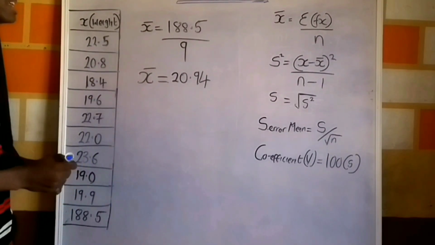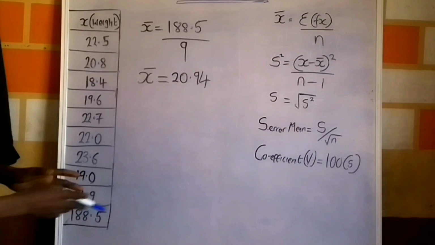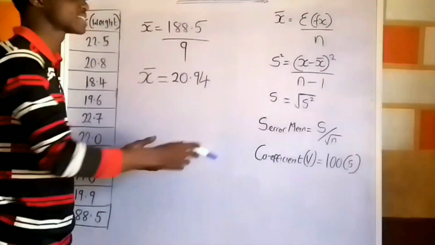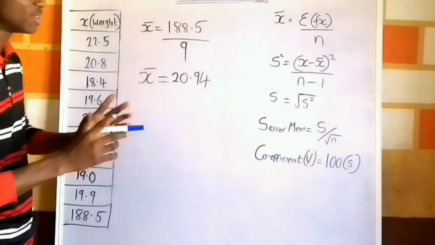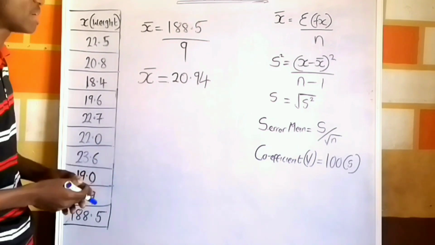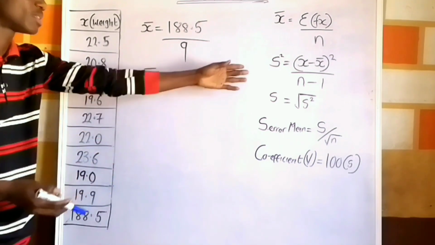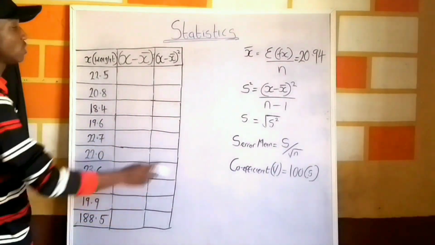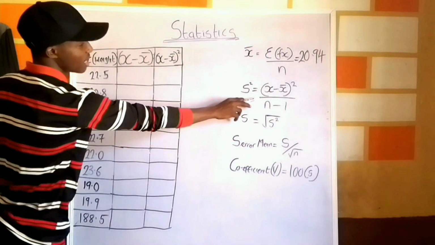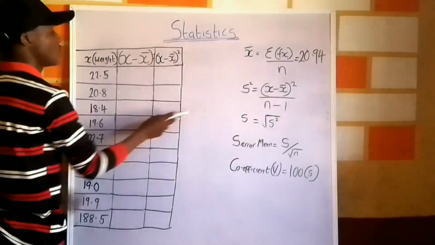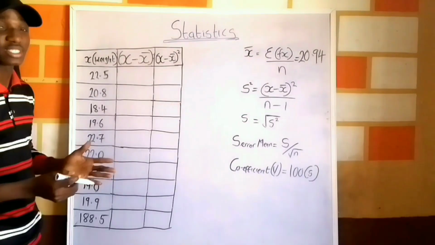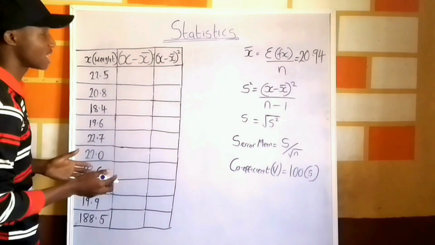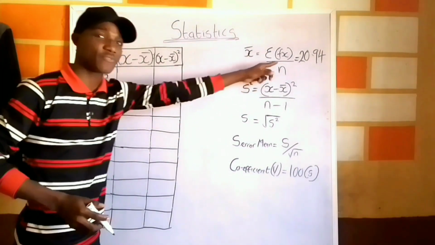Now, how do we calculate the variance? Don't forget that the formula for variance is x minus x bar, in brackets, all squared, all over n minus 1. Therefore, from this formula, find what I have in my table. I have x minus x bar squared. So the first thing is that I want to calculate x minus x bar. Don't forget that x bar is 20.94.